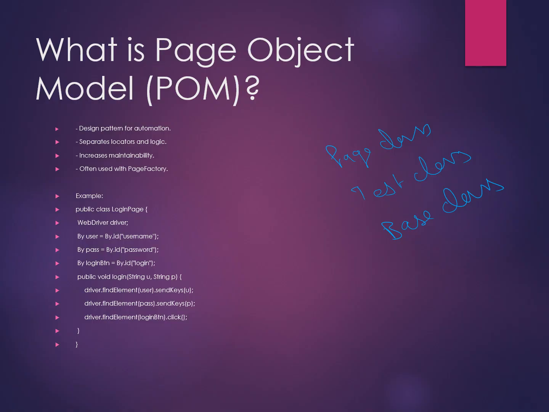In the page class, we write the elements and element functions. In the test class, we write the test cases, the functions or test case functions. And in the base class we initialize all browser related information.